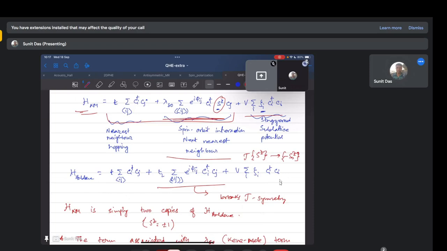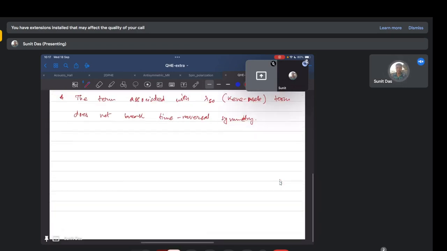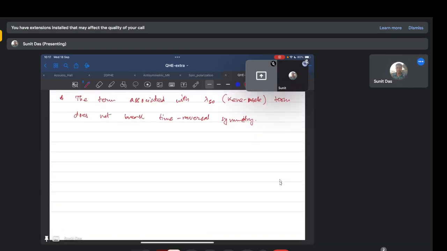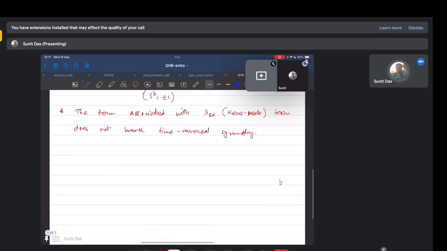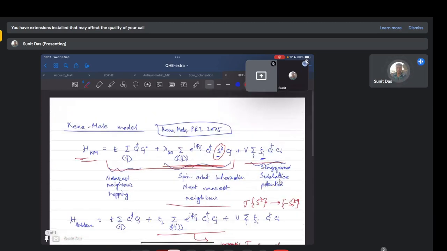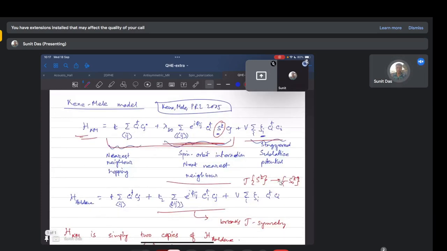So we can also understand this from the k-space form of this lambda so term. This Hamiltonian I have written in the lattice basis, meaning in the real space picture, where ij terms are there, meaning at the ith place there is some creation of electrons, and at the jth place there is some annihilation of electrons.